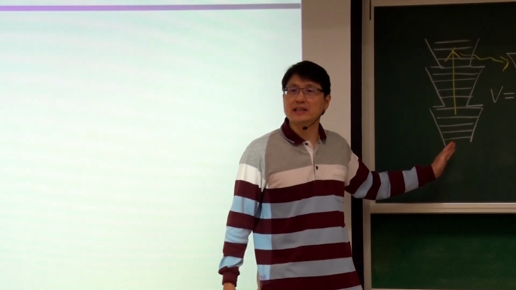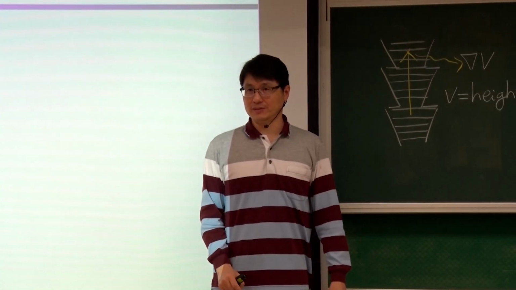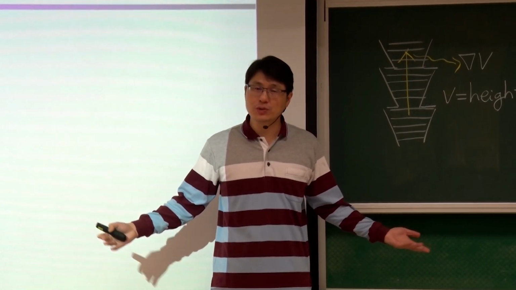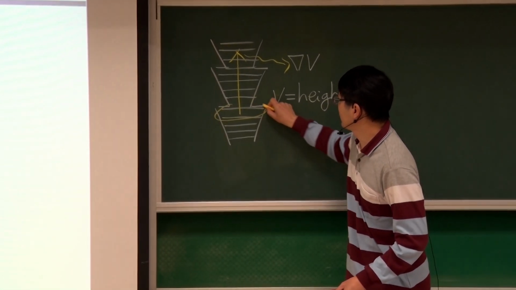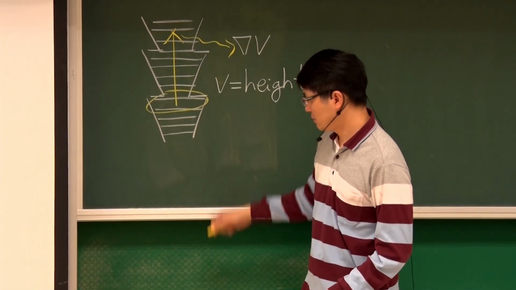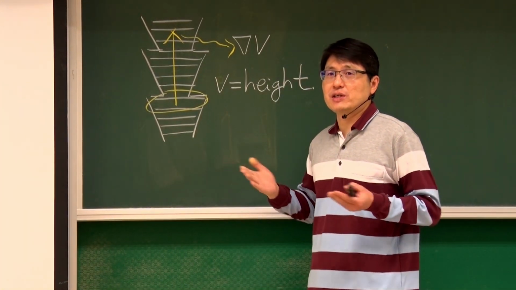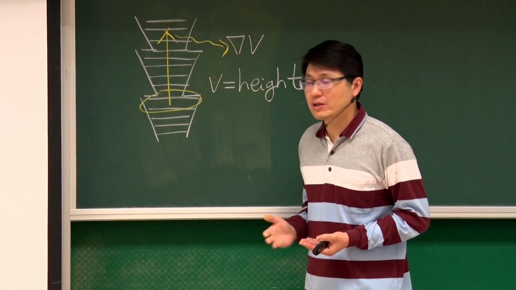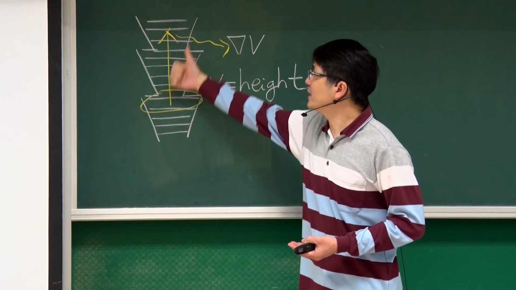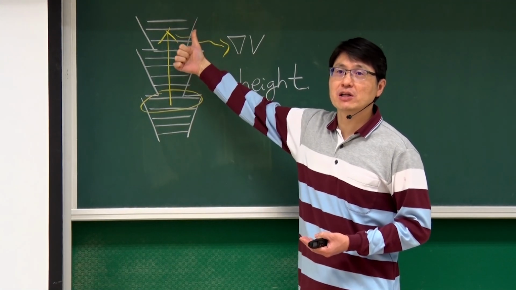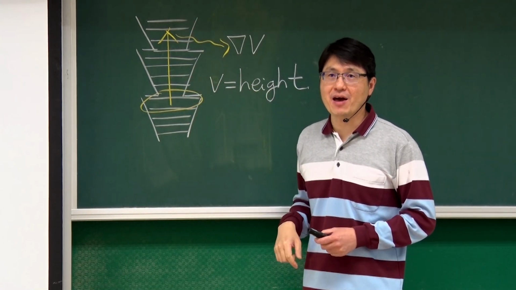This is a unidirectional field, right? It's unidirectional. So if you walk in a closed loop, there's nothing to give you net circulation. If you walk on the same floor, gradient of v is perpendicular to your closed path.